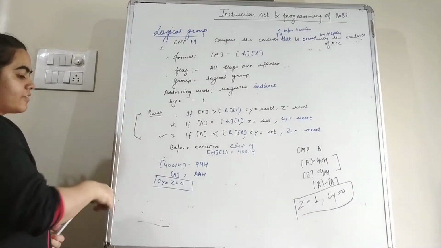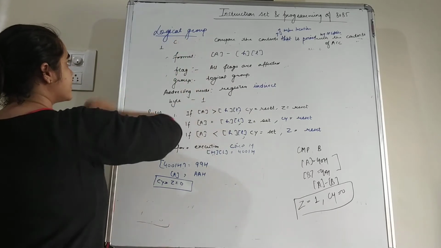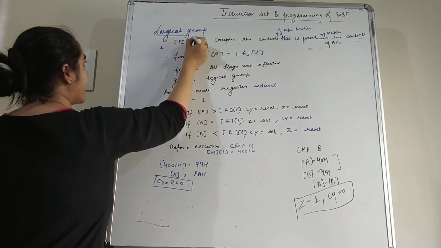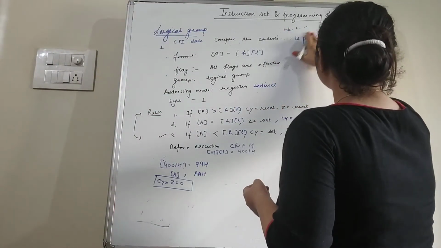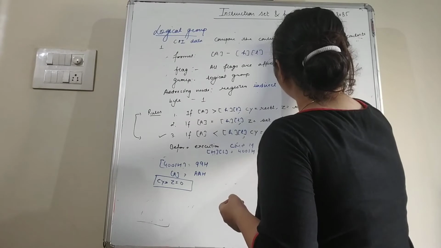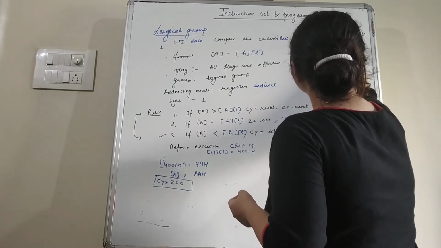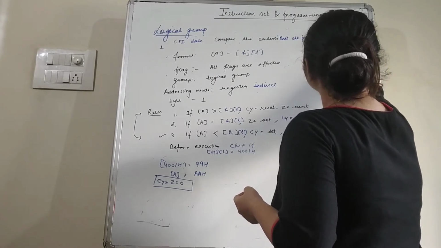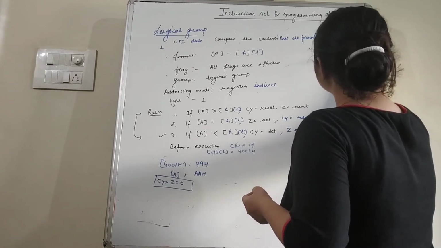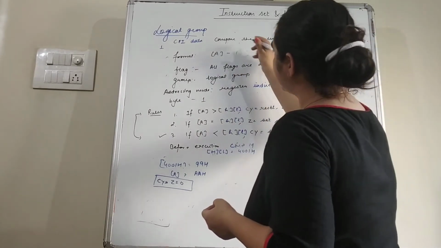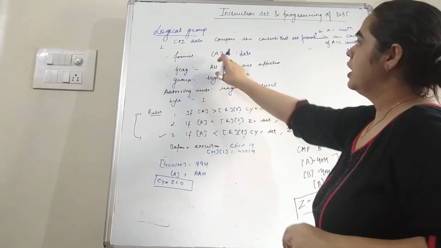Now students, after this instruction, one more comparison instruction we have, that is CPI data. So CPI data means compare the data that is present in the instruction with the contents of the accumulator immediately.